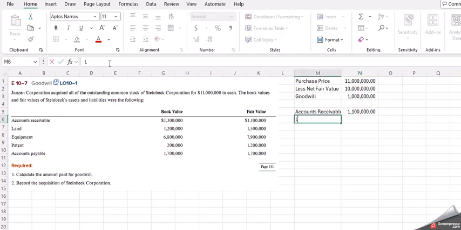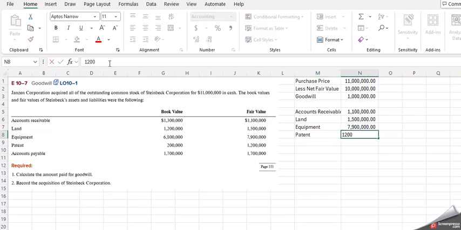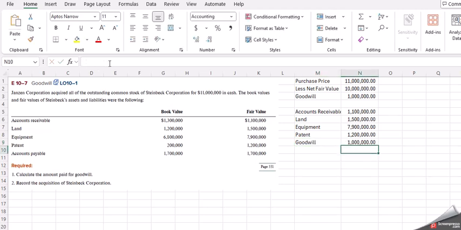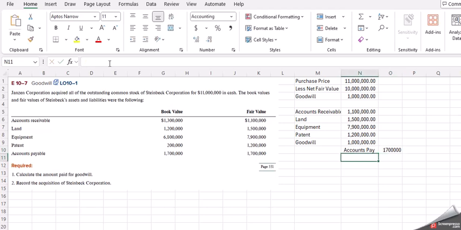We would record the land at the fair value, the equipment at the fair value, the patent at that fair value, and then we would now record the new asset that we are setting up for goodwill, and then we would have accounts payable, again, because we are assuming that liability, and then we would have our cash, or no, is that how we paid? Yes, cash.